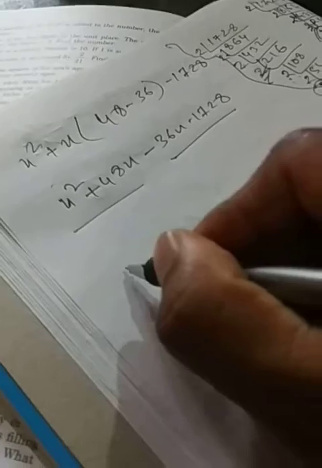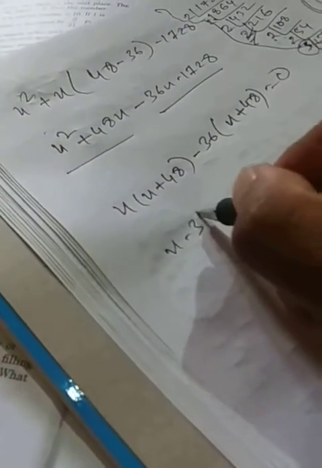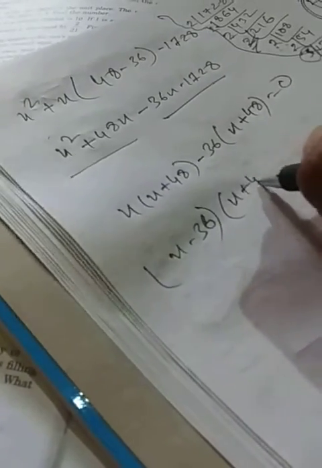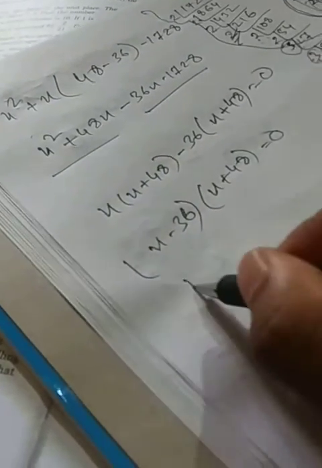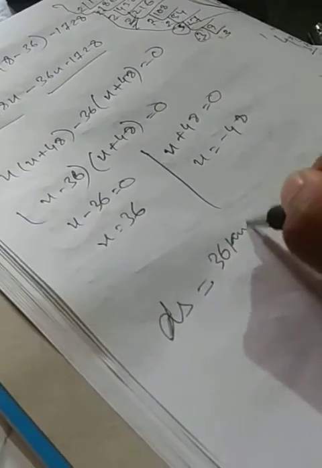Now what is common? x is common, so x plus 48, and what is common here, x plus 48 equals 0. Now x minus 36 into x plus 48 equals 0. So x minus 36 equals 0, x equals 36. And x plus 48 equals 0, so x equals minus 48. So the answer is 36 kilometers per hour.